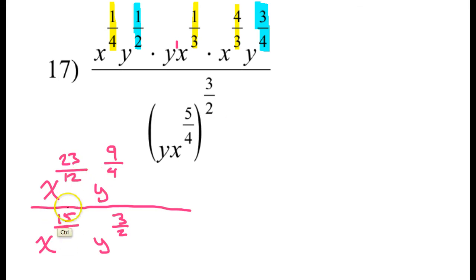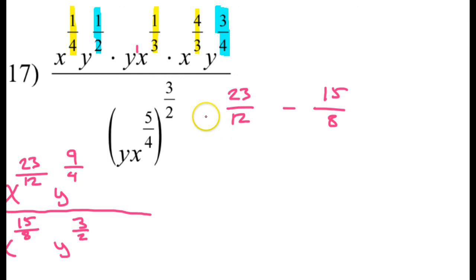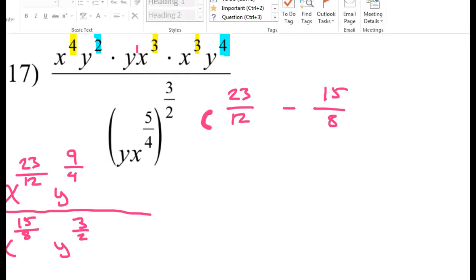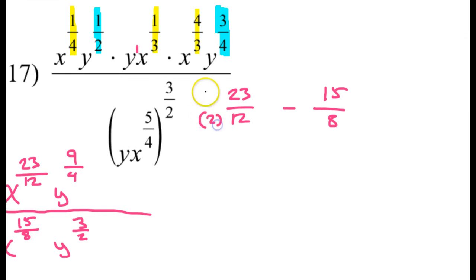Looking at the x's, I'm going to have to do 23/12 minus 15/8. Okay, what can I turn these both into? I can turn them both into 24. If I multiply this by 2, and if I multiply this by 3, then they will both become 24.